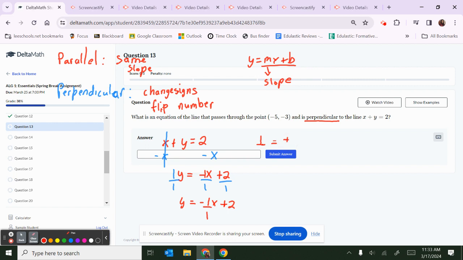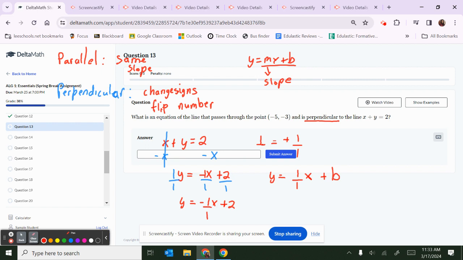But if I flip 1 over 1, I still have 1 over 1. So again, guys, my new slope would be a positive 1 over 1. So I'll write y equals positive 1 over 1 x. And we don't care about the y-intercept. So this 2 that's right here, I don't care about it. I'm going to replace that 2 with a plus b.